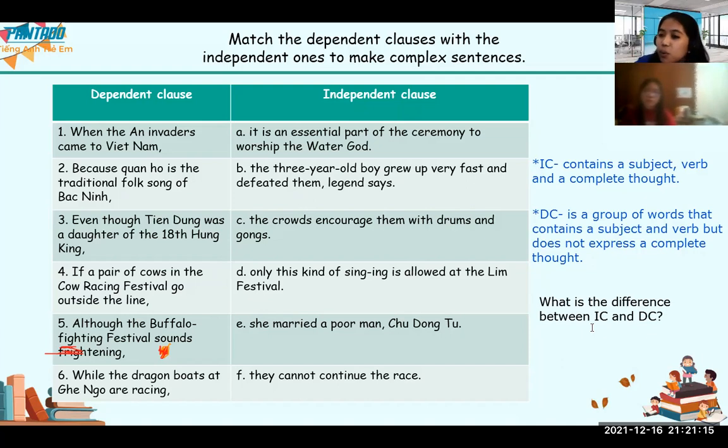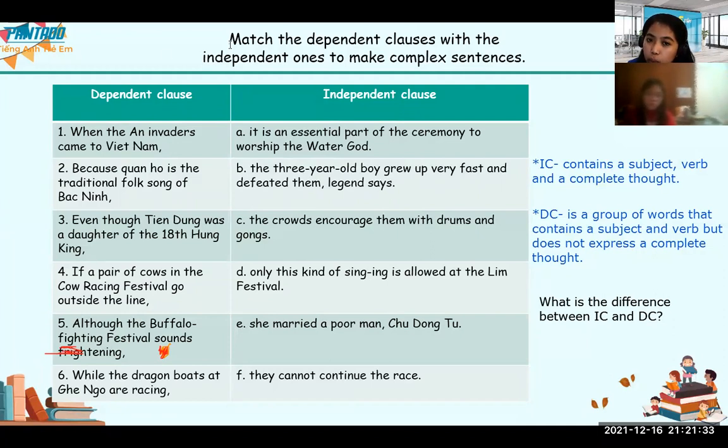Okay, very good. So when we say independent clause, it is a complete thought, while dependent clause does not express a complete thought. It is incomplete when we say dependent.